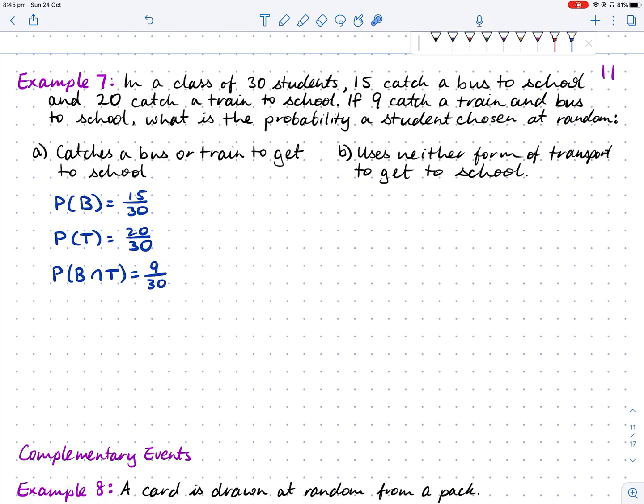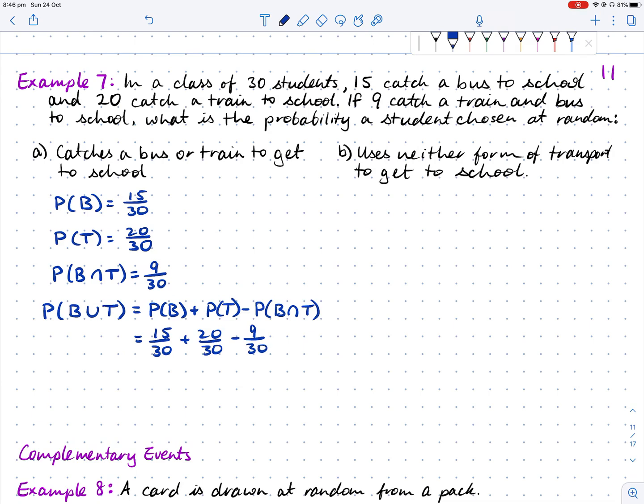If I want to find the probability they catch a bus or a train, so that means a bus, a train, or both, then what I'm looking for is the probability of B union T. If we go back to that formula, that's the probability of B plus the probability of T minus the probability of the intersection, B intersection T. So because we've already worked out all our probabilities, that's 15 over 30 plus 20 over 30 minus 9 out of 30.